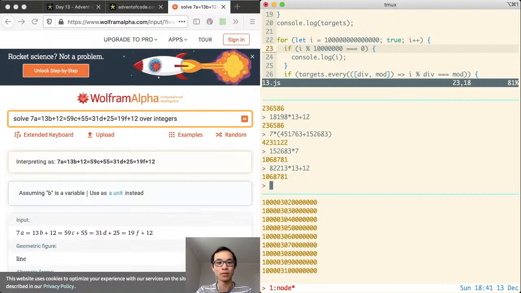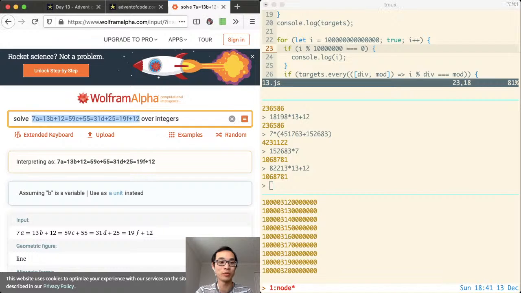All right. Okay. Looks like WolframAlpha can do this for us in the end. It's not as satisfying as coming up with the algorithm yourself. We do have 1, 2, 3, 4, 5, 6, 7, 8, 9 variables.